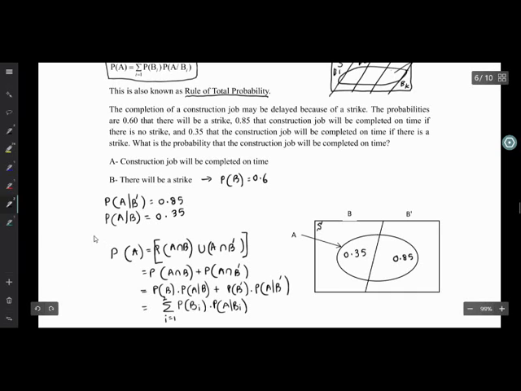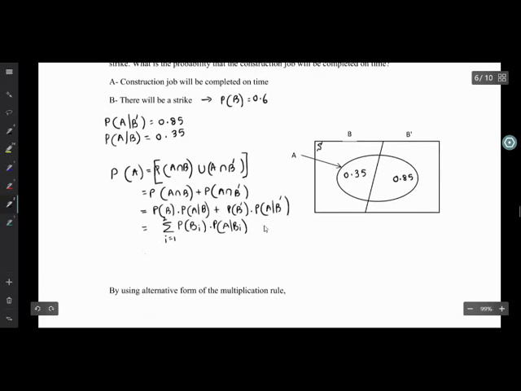And all these probabilities are provided. This will be 0.6 times 0.35 plus P(B prime), which will be 1 minus 0.6, which is 0.4, times P(A given B prime), which is 0.85.